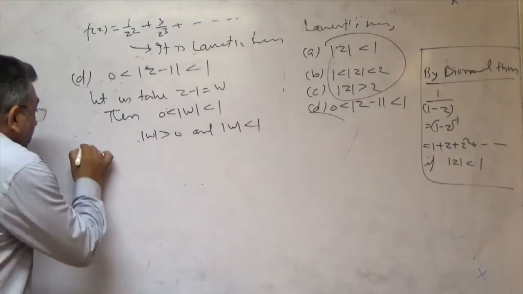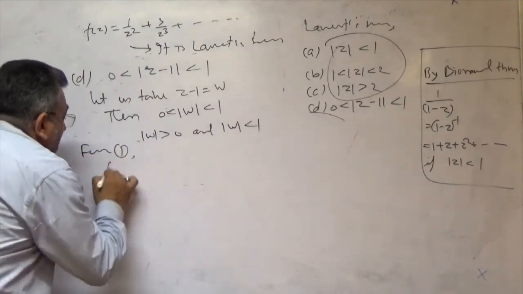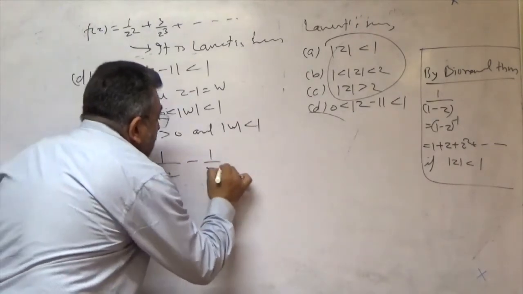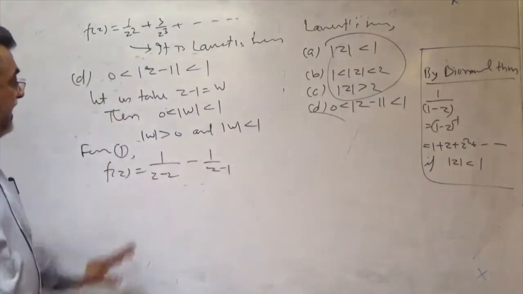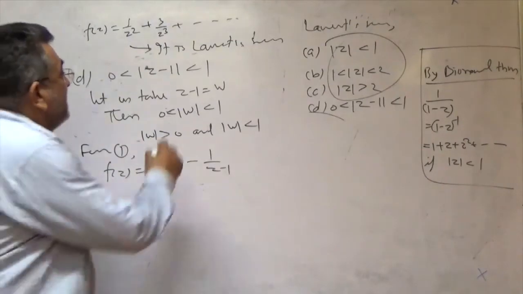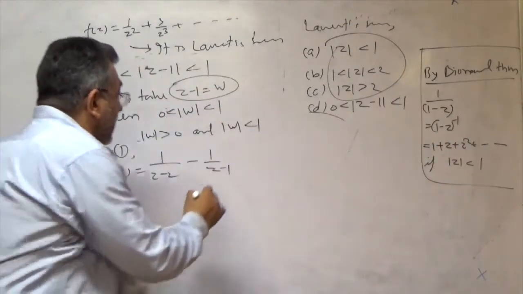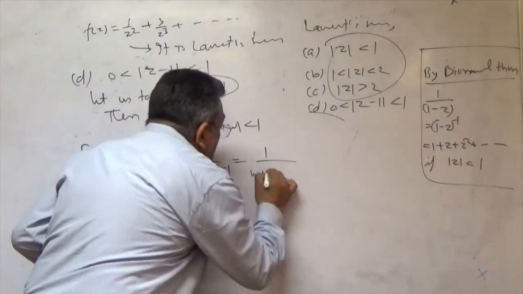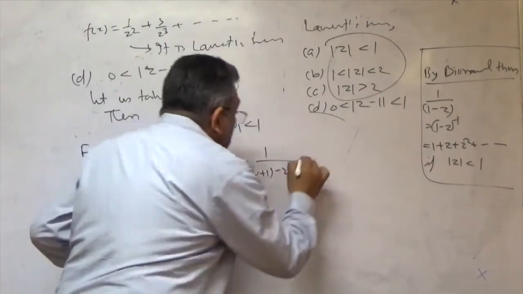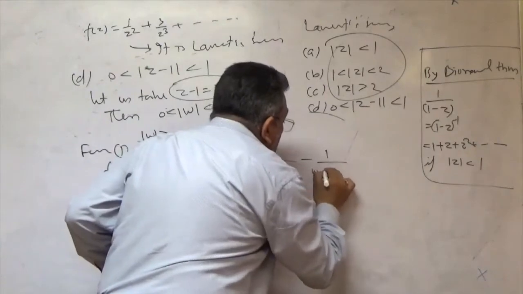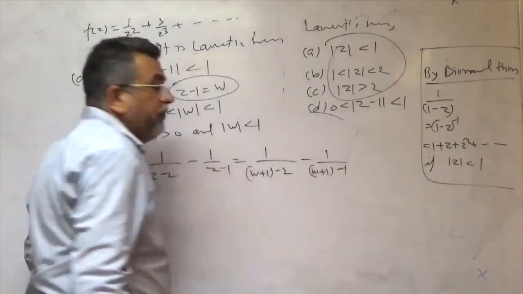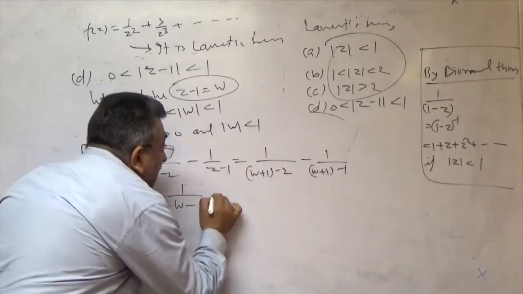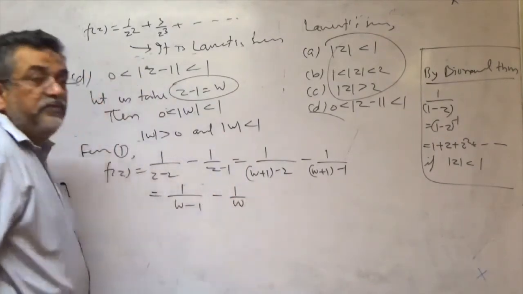Now from 1 we have f(z) equal to 1 upon (z minus 2) minus (z minus 1). So first we change z in terms of w by this substitution. From here we have z means w plus 1, minus 2 minus w plus 1 minus 1. Then this is w minus 1 and this is 1 minus w.